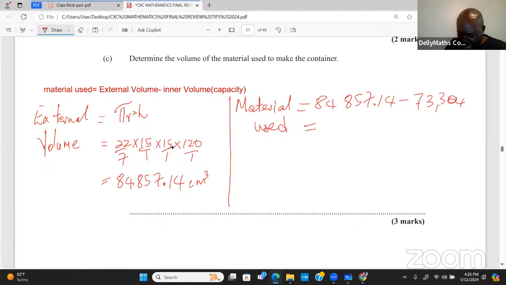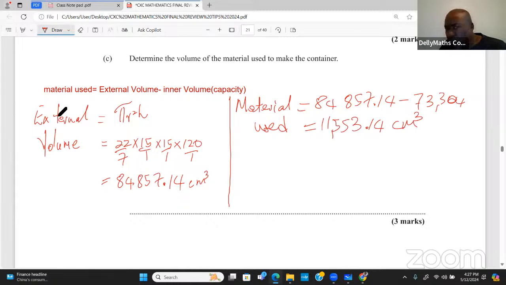So outside minus inside, and I'm left with the raw material. So 84,857.14 minus 73,304, I'm getting 11,553.14, and this is cm cube.